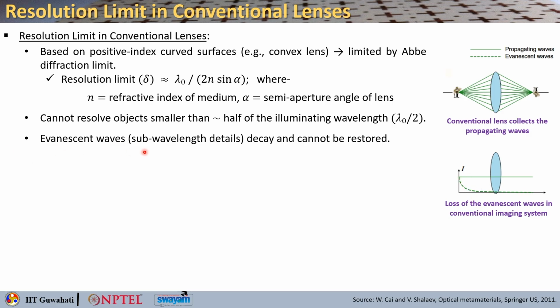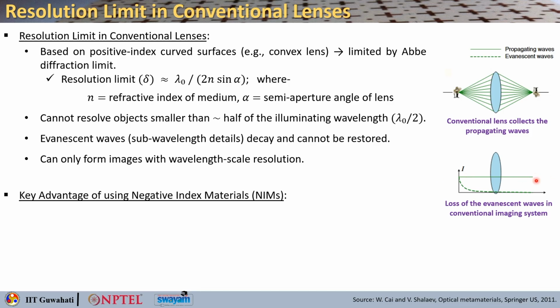These evanescent waves contain the sub wavelength details, and typically they decay and cannot be restored, and that is why you only see the image formed by wavelength scale resolution, that is, from the propagating waves.